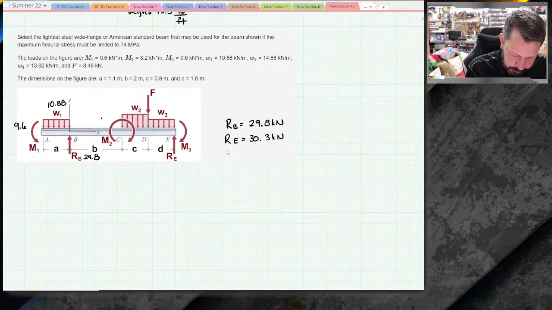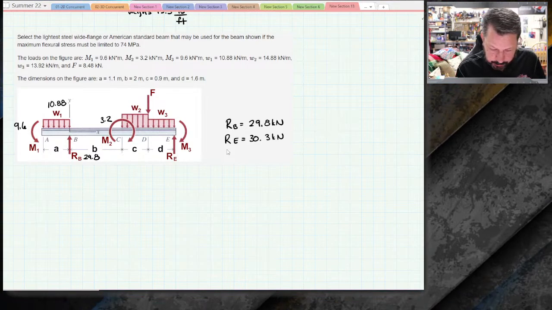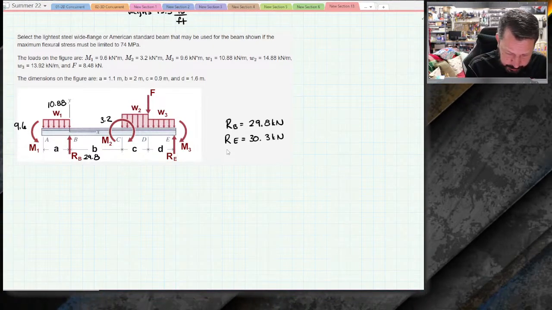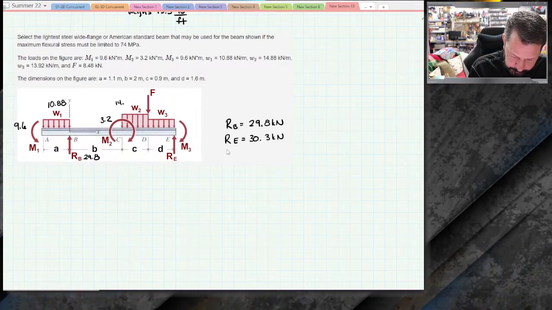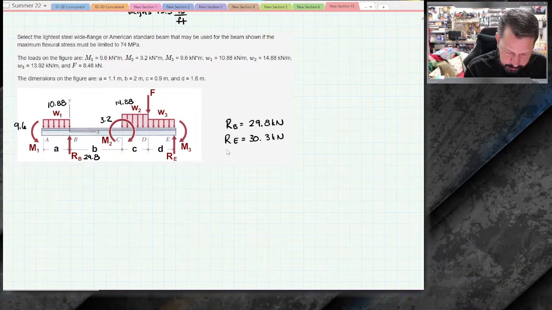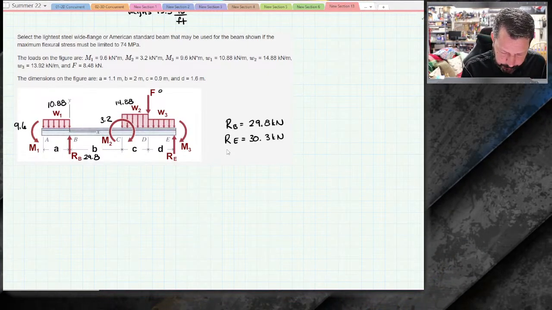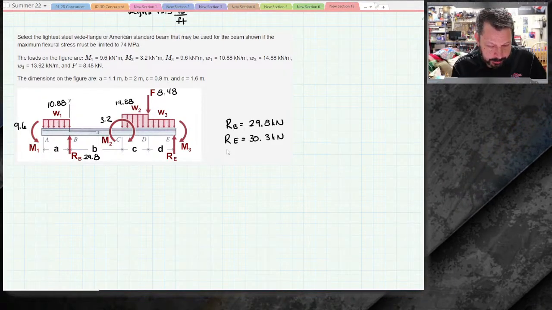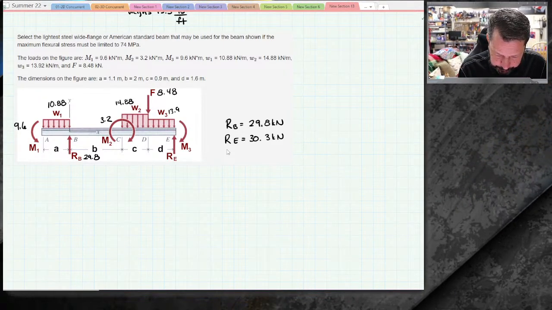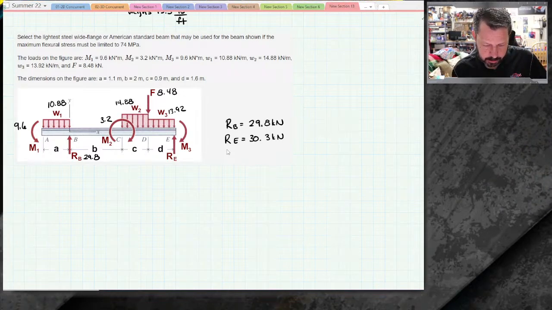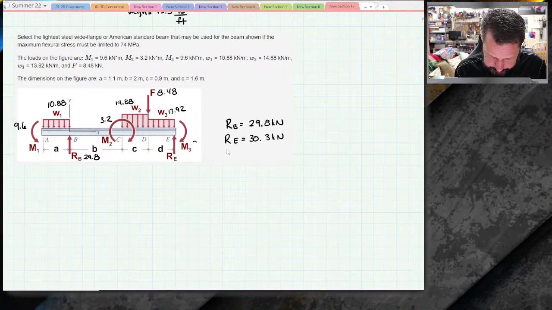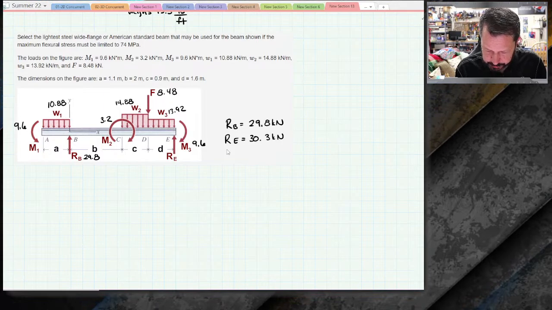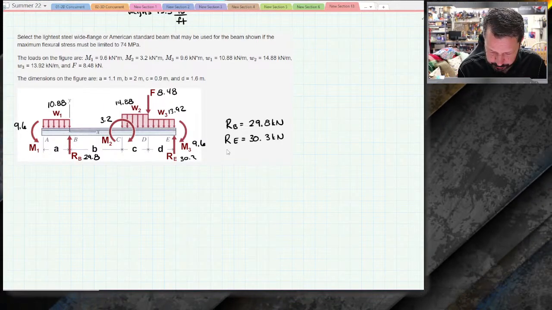M2 3.2. W2 14.88. F 8.48. These are not convenient numbers, are they? W3 13.92. M3 9.6. And the reaction at E, 30.3.